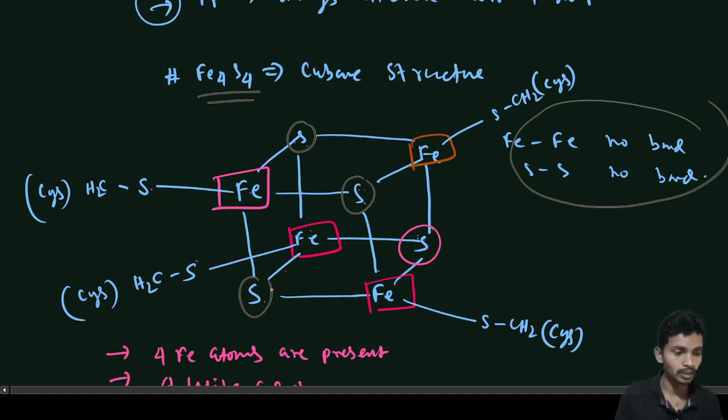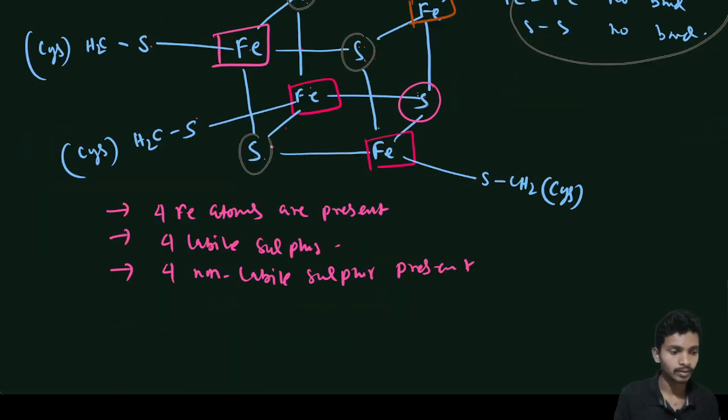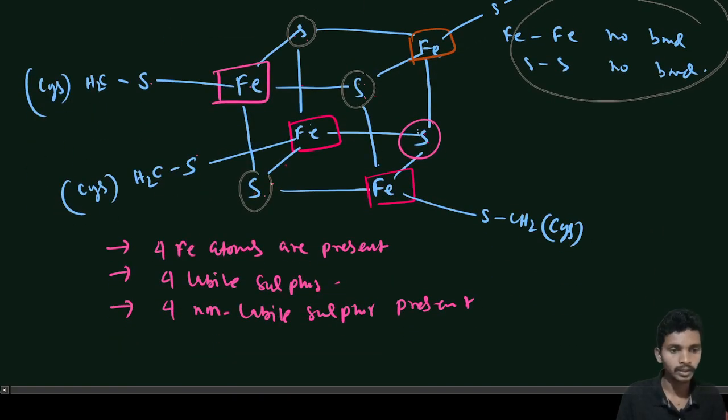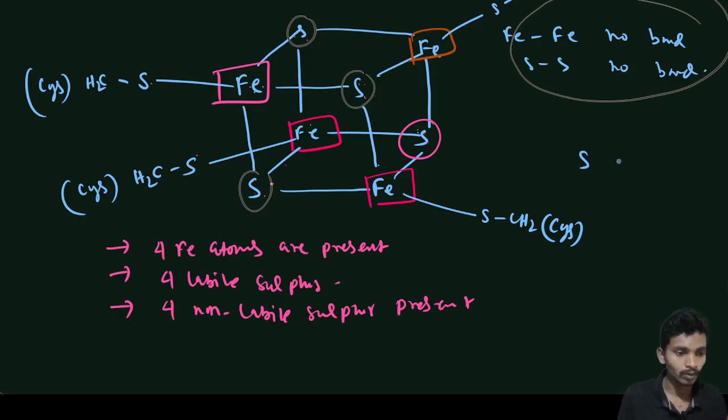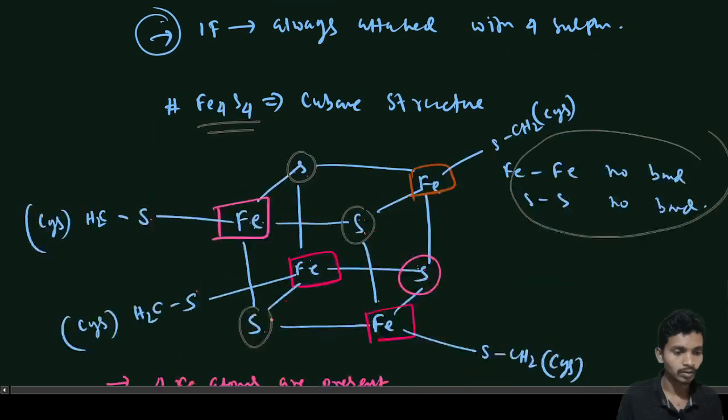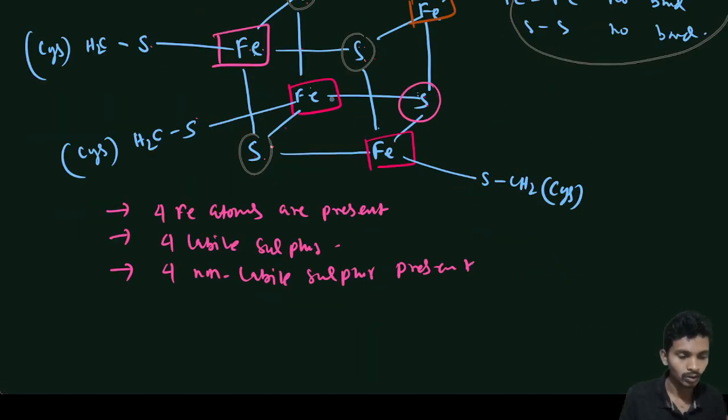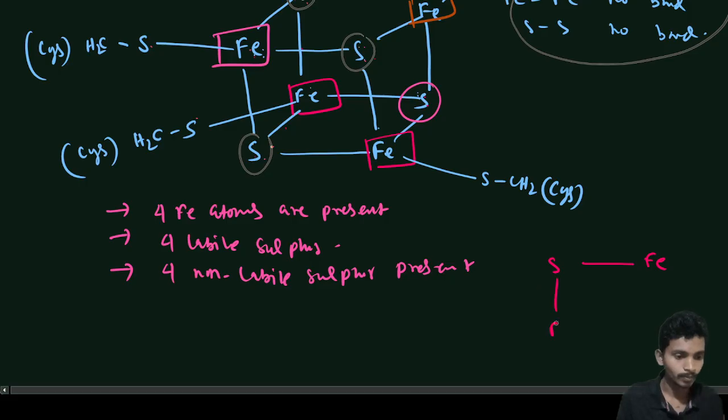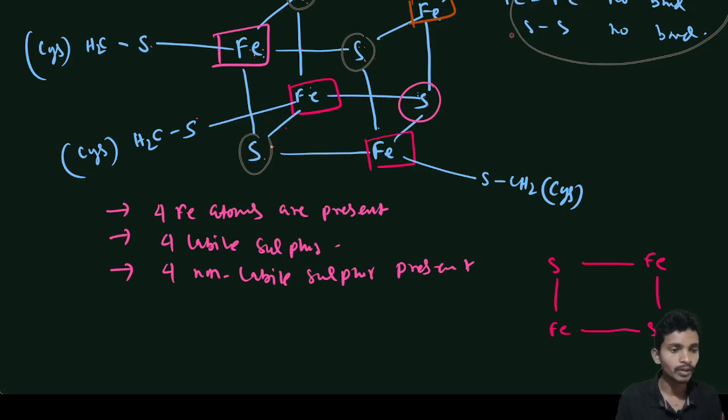If I draw this structure in a different manner, let's say I draw S instead of Fe, and here I will go for Fe, and note that no Fe-Fe, no S-S bond should be present.